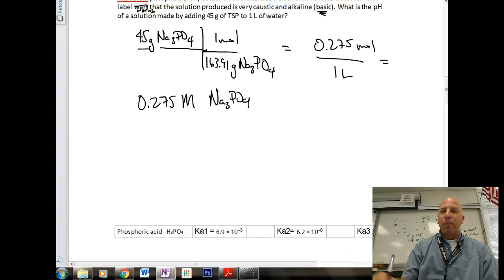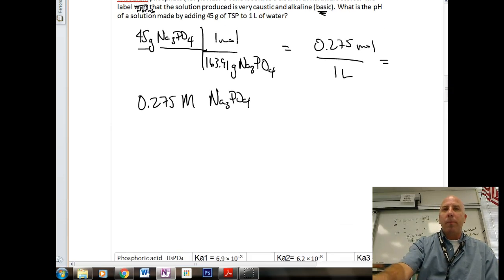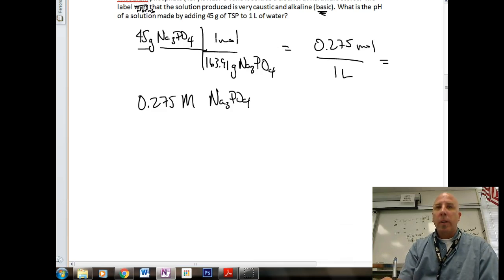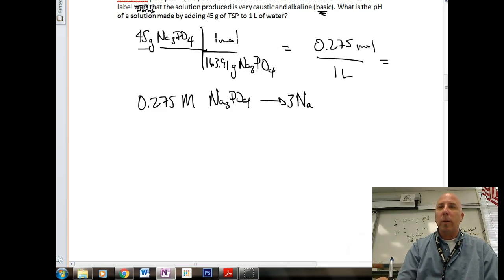Now, what's going to happen, as hopefully you can recognize, is this sodium phosphate is going to ionize, and it does ionize. It's got a sodium, and it makes it really, really soluble into the sodium ion and the phosphate ion.